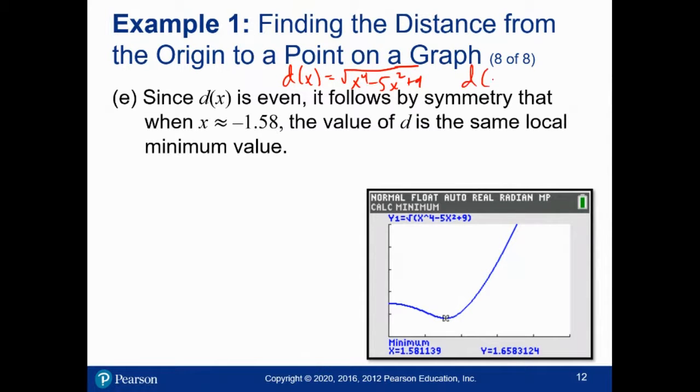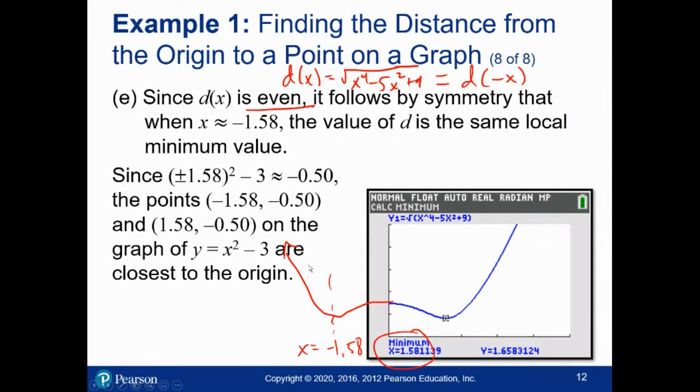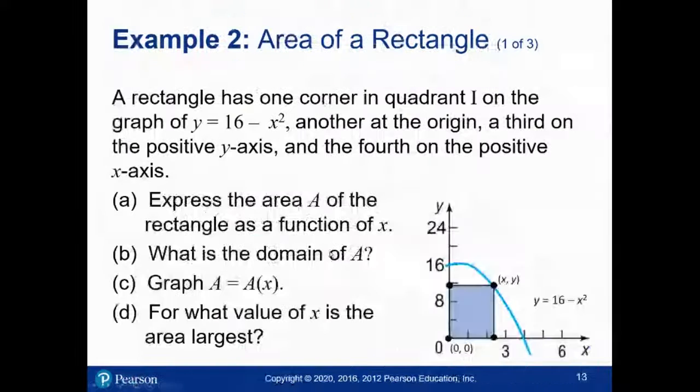If you plug in d of minus x, you'll get out exactly the same thing. So it's an even function. So the graph is going to have this sort of symmetry. So if it has a minimum here, it's also going to have a minimum here at x equals negative 1.58. Yeah, so these are the points on that curve that are closest to the origin.